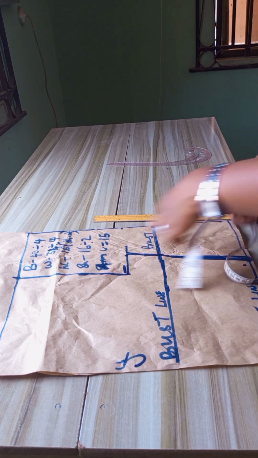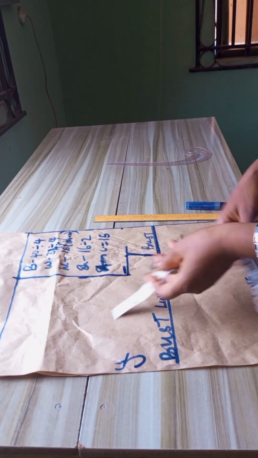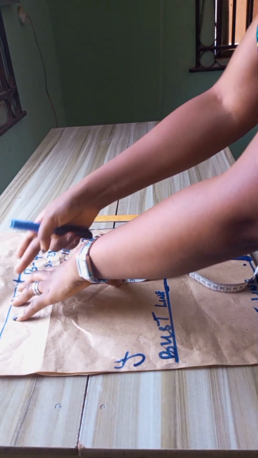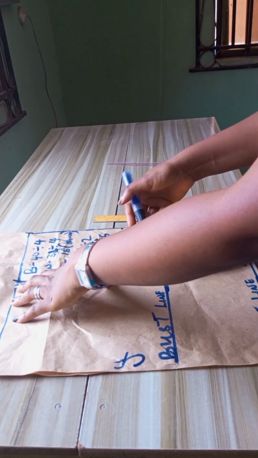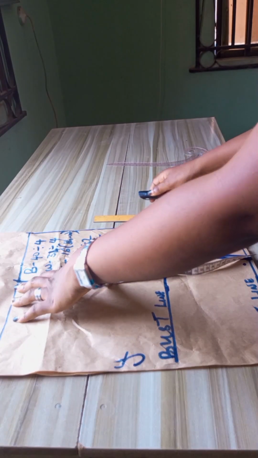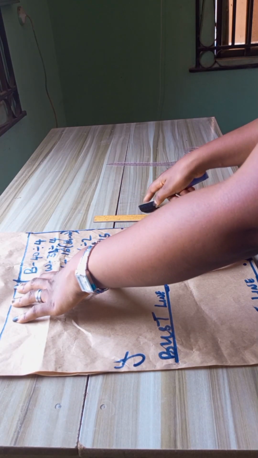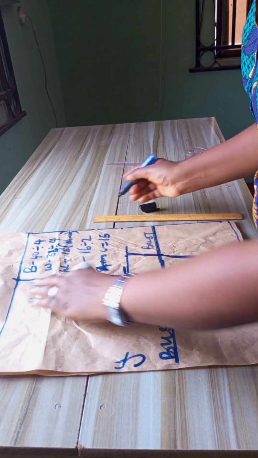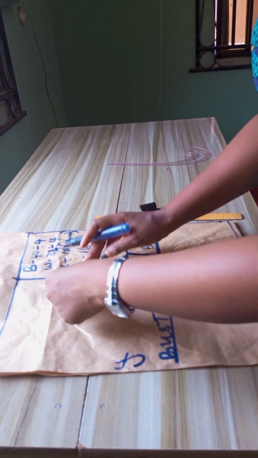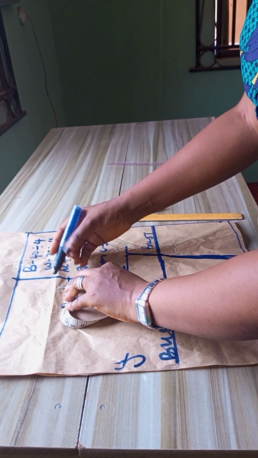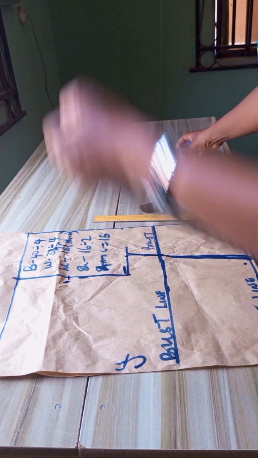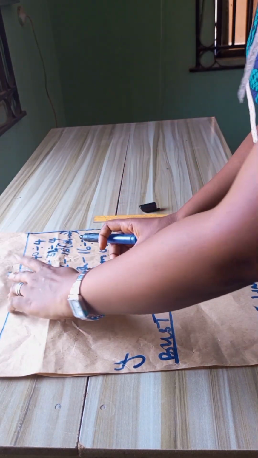So the next thing is that we want to make our armhole curve. At the middle here, you divide your armhole line into 2. 7.5 will be 3.75. From here, you come in by ½ inch. Then you make a curve.